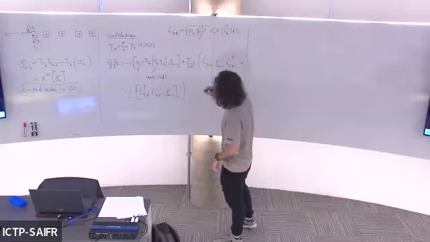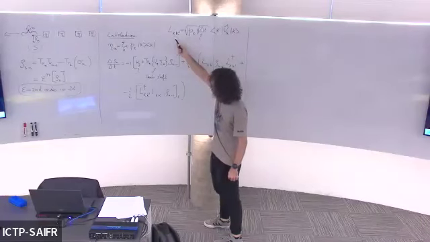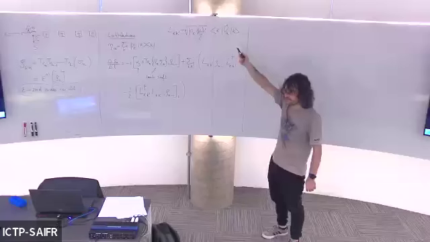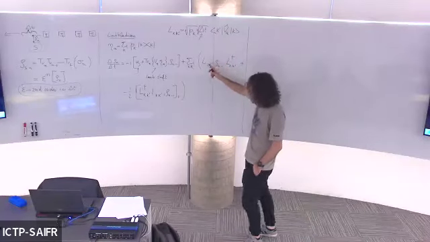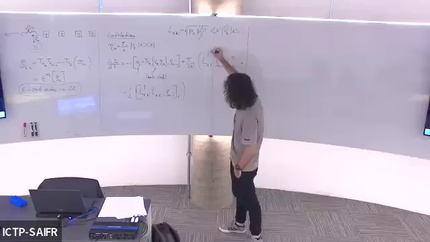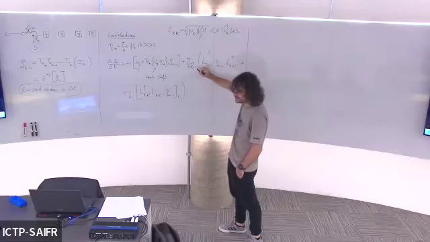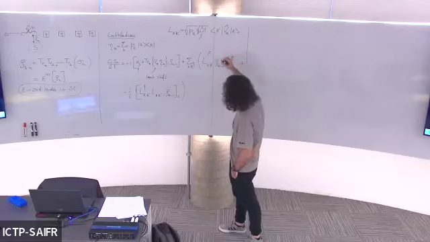Just one thing: here it looks a bit weird that we have K and K prime, and it looks asymmetric between K and K prime, and indeed it is. If you do the computation, you see that K prime is the index entering in the trace, and K is the index entering in the state.